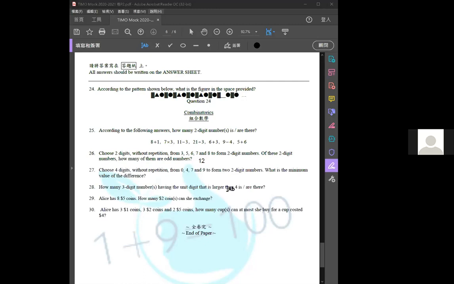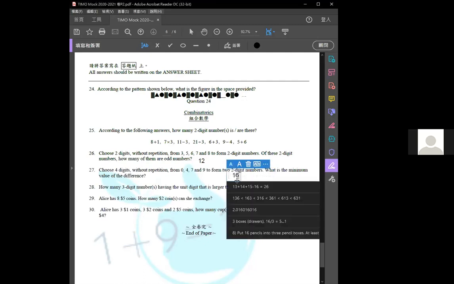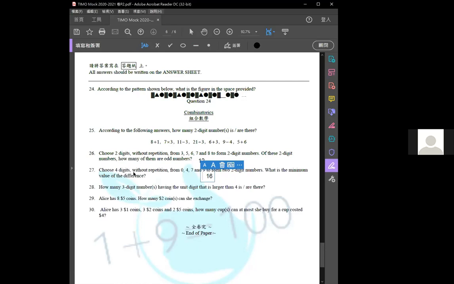For this one, I'll give you the answer as well, 16. It's the same thing. Choose 4 digits. You need to use all of them, 0, 4, 7, 9, to form 2 2-digit numbers. What is the minimum value of the difference? So try to make the minimum difference. In this case, you try to form 2 numbers that are the closest.